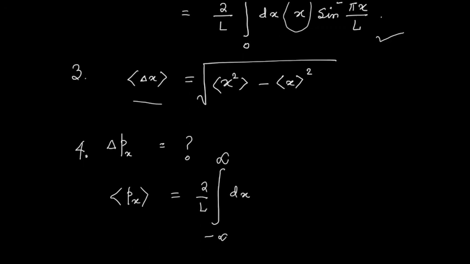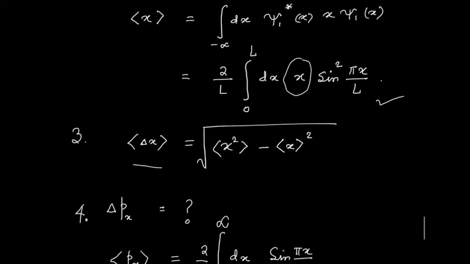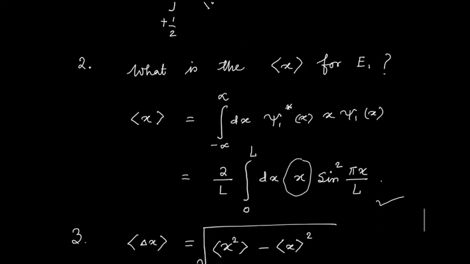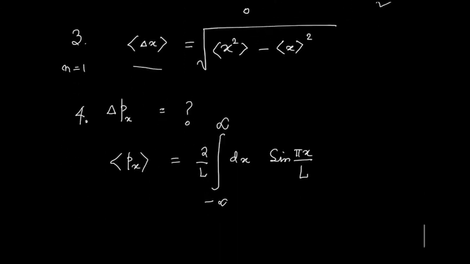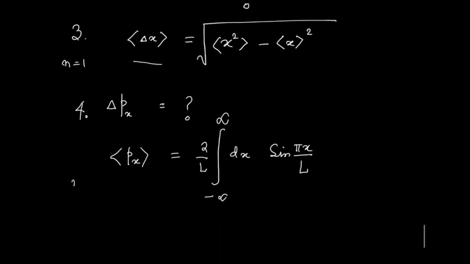There are two root 2 by L's that will give you 2 by L, and I have sine pi x by L, and all these I am doing for the n equals 1 state. So this is E1, this is also n equals 1, this is also n equals 1. You can do it for any other n states or combination of them. It's not a problem.